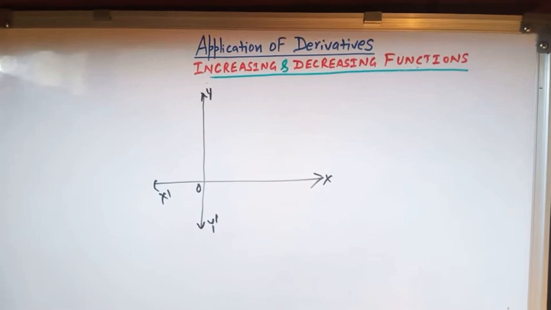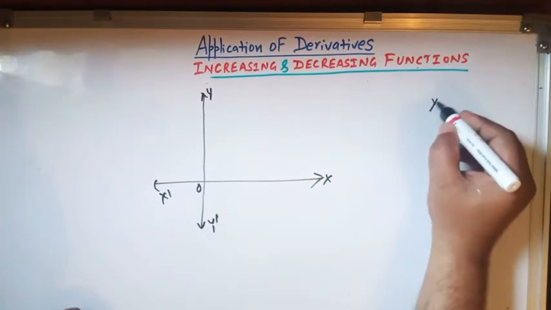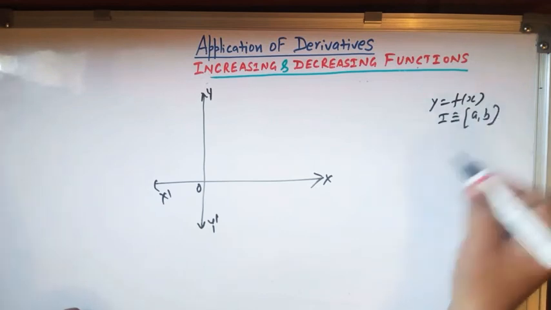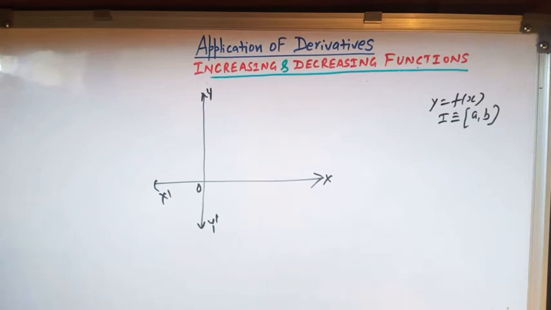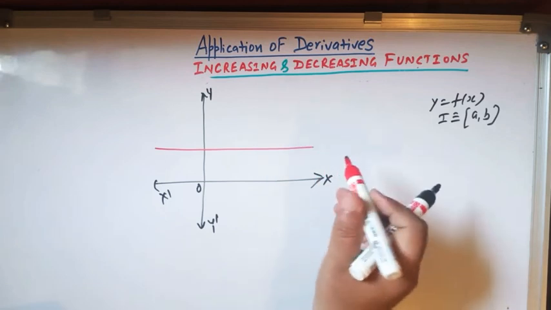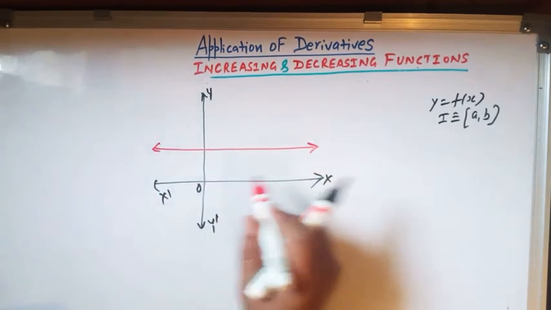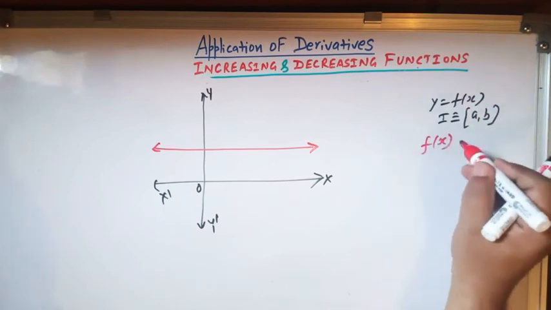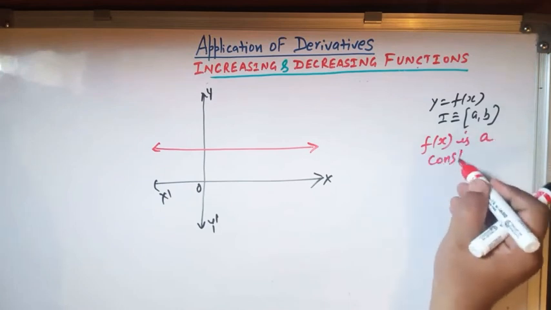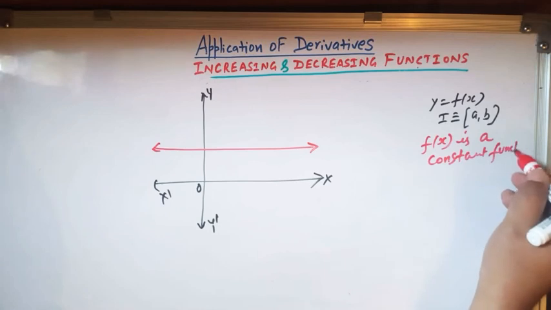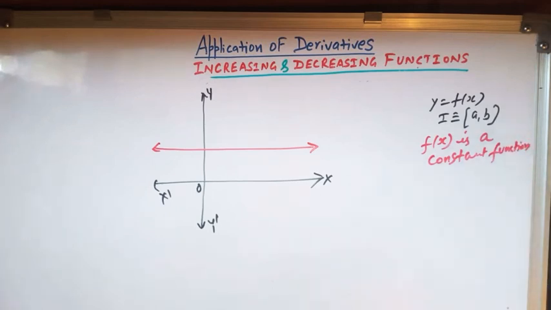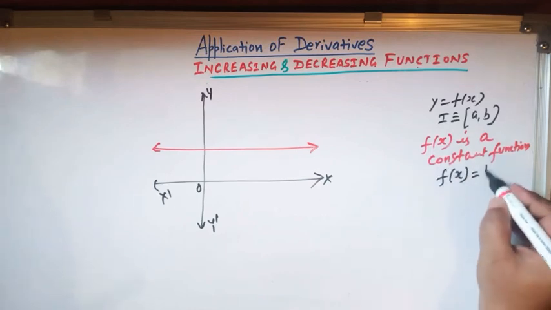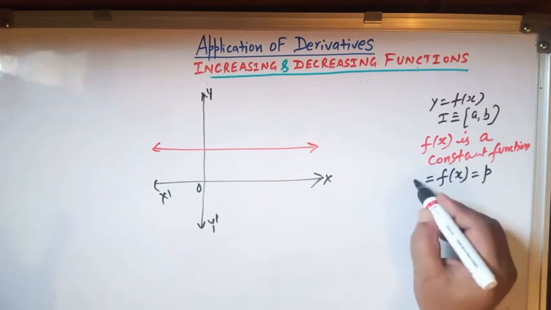Now viewers, let us consider the third case. If y is equal to f(x) is a function defined in the interval (a, b), and the graph of the function is like this, then f(x) is a constant function, say f(x) is equal to p.